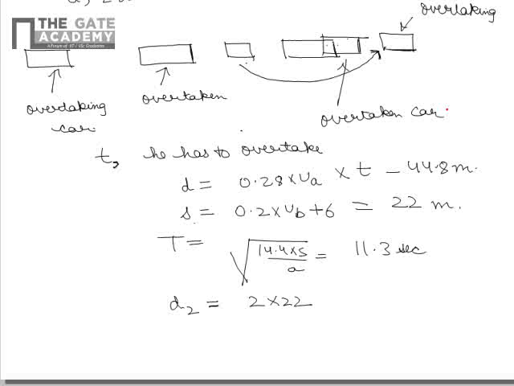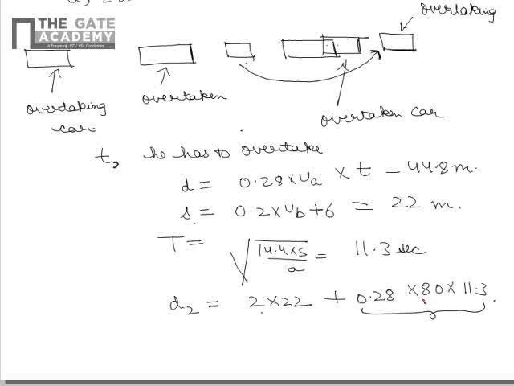completion of the overtaking operation. So that's why this is 2 into 22 plus 0.28 into 80 into 11.3, where this is the distance traveled by the car which is overtaking during the entire overtaking operation. 11.3 is the time required for completing the overtaking operation. 80 km per hour is the speed of the vehicle with whom you are overtaking.